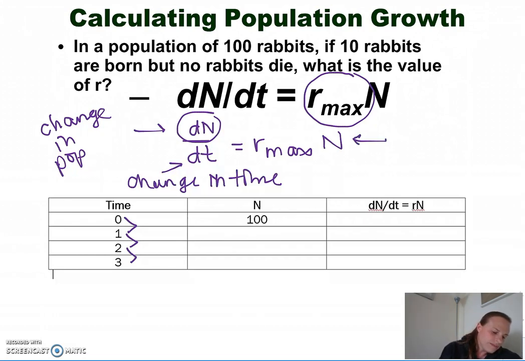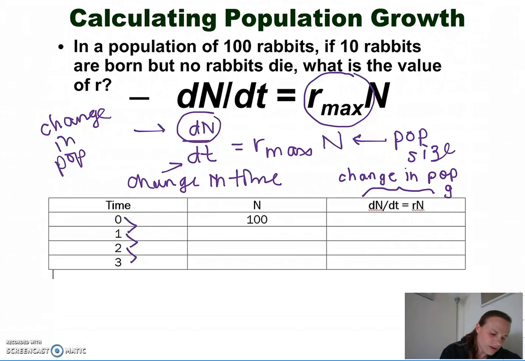N is the population size. So what we're looking for here is to find the change in population growth. In other words, by how much did my population increase or decrease?